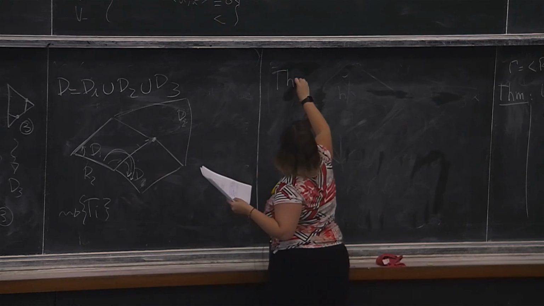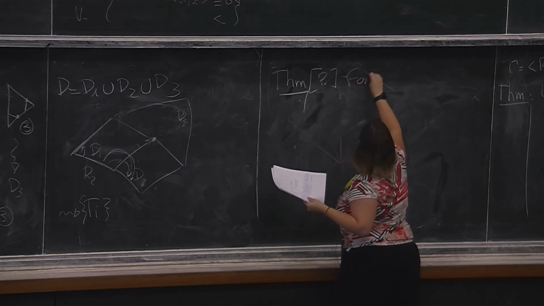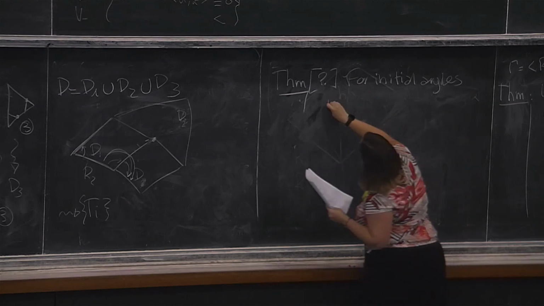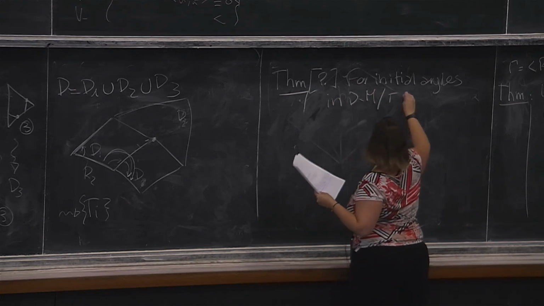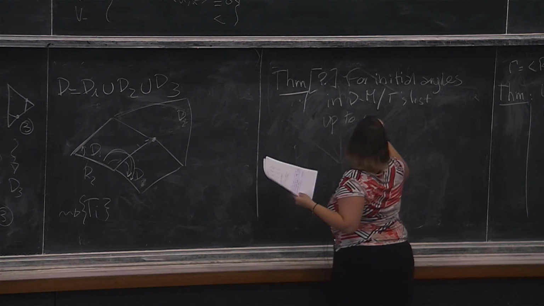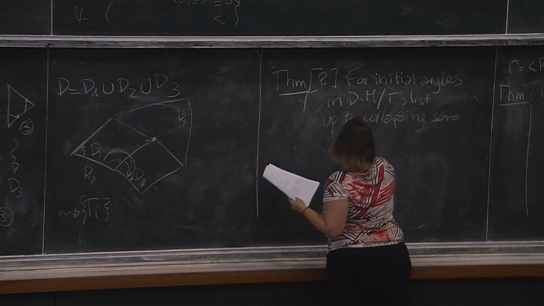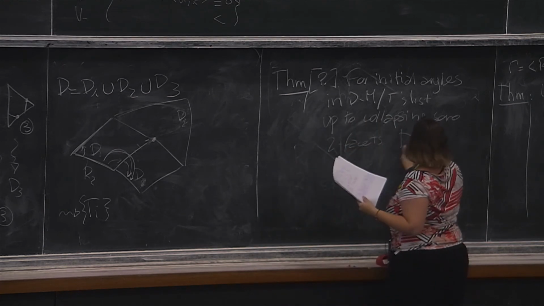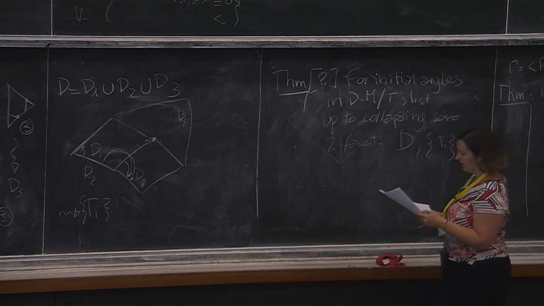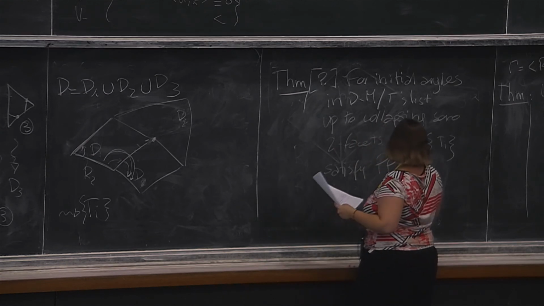And well, this works. So for initial angles in Deligne-Mostow or Thurston's list, and up to collapsing some 2 facets like before, the polyhedron D union and the set of those T_i that I mentioned satisfy the Poincaré polyhedron theorem.